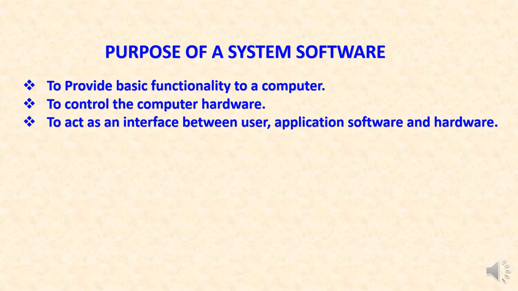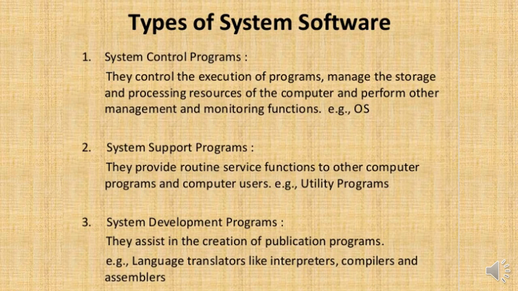System software is controlling the hardware also, and it is providing a platform for the application to be installed, and then the user can interact between the hardwares like keyboard, mouse, printer, speaker, etc. and the application software.